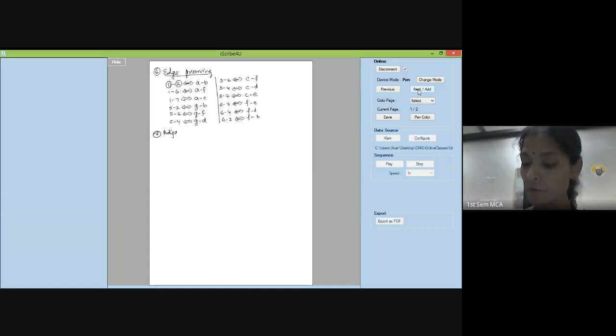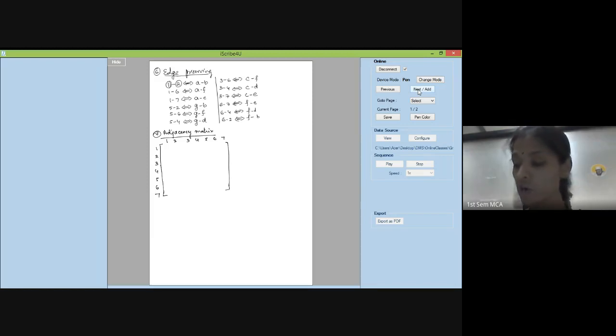Next we have to find out the last property, which is the adjacency matrix. Write down the adjacency matrix 1, 2, 3, 4, 5, 6, 7. This is for G. For H, you have to write down the equivalent vertices in that order.